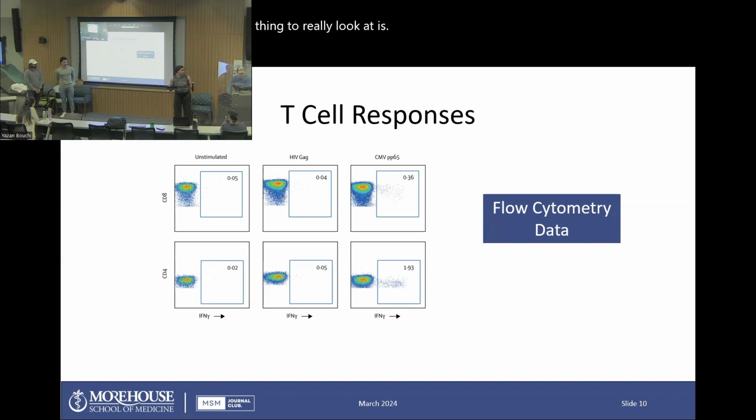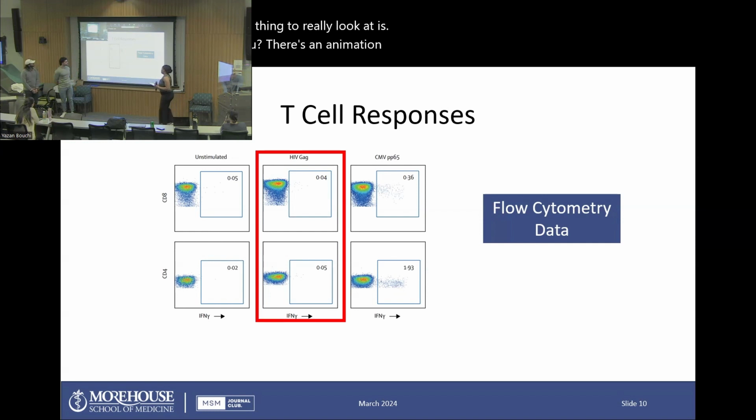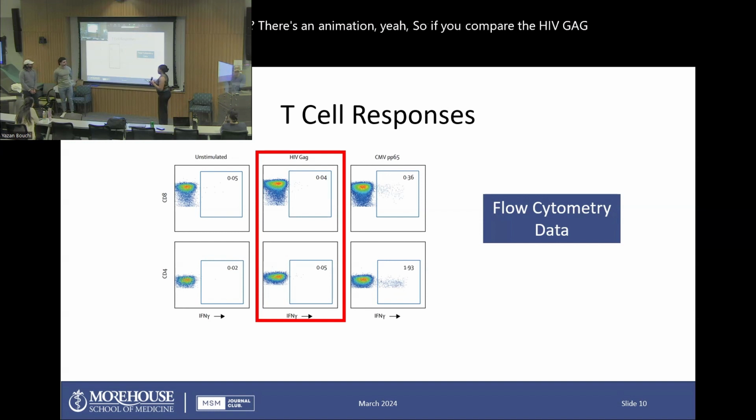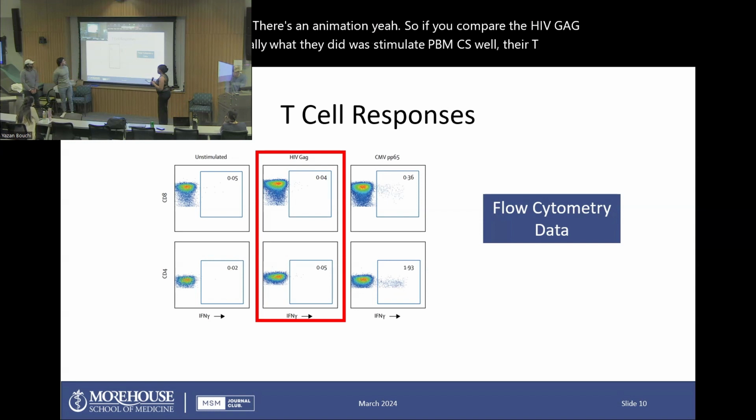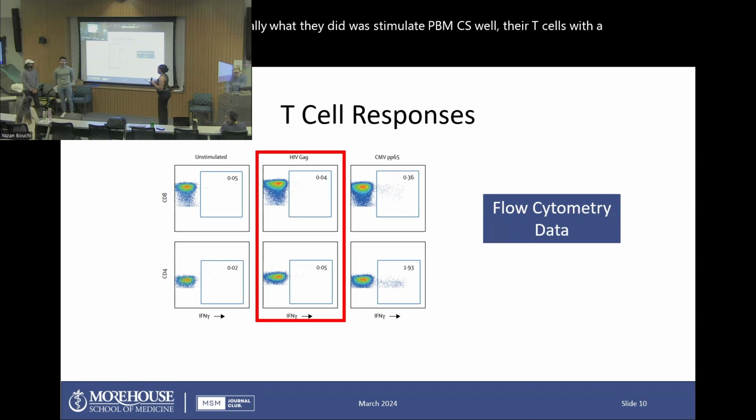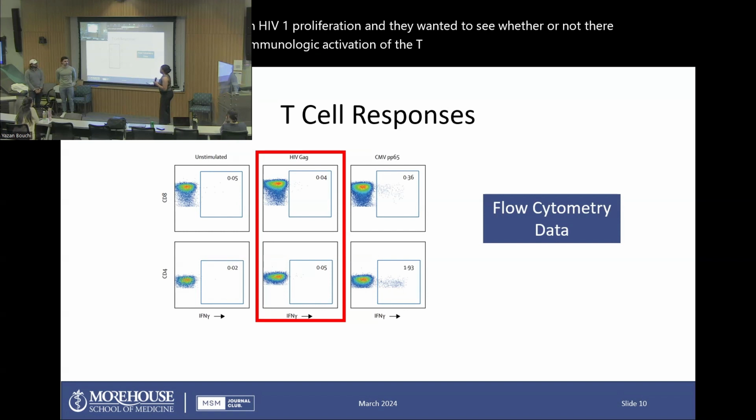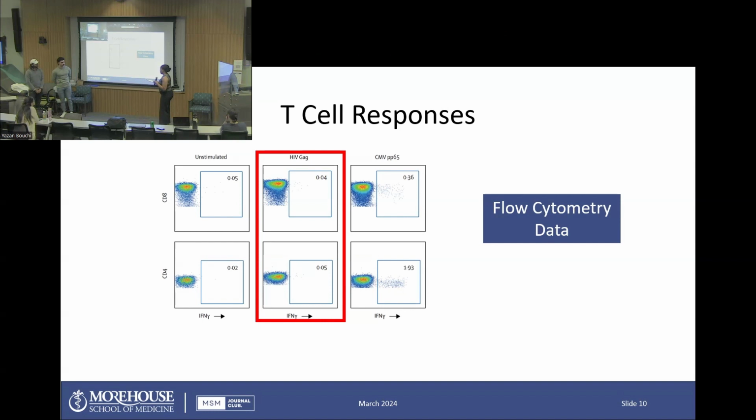there's an animation. So if you compare the HIV GAG stimulated cells, essentially what they did was stimulate PBMCs, their T cells, with a protein that's involved in HIV-1 proliferation. They wanted to see whether there would be some sort of immunologic activation of the T cells, which would indicate proliferation of HIV-1 in the body.